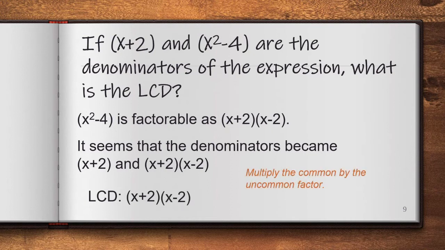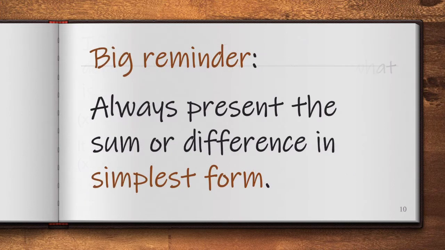Therefore, the LCD is the product of x plus 2 and x minus 2. Those are just a few examples of finding the LCD, and aside from the LCD, you should also have this big reminder. Always present the sum or difference in simplest form.